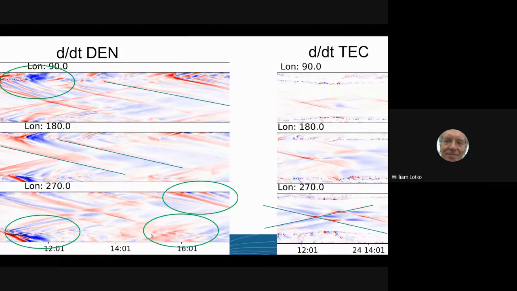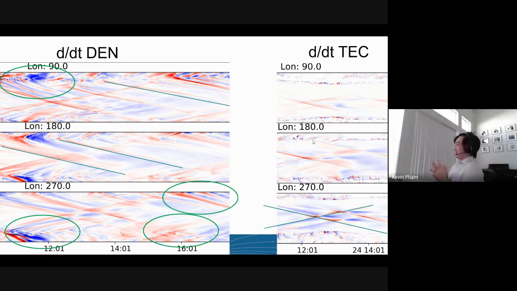The lines are not as vivid in the TEC plot as the density plot, but it looks like in the density plot the source is at relatively high latitude, maybe even very close to the pole, depending on the longitude. Whereas in the TEC plots, where those lines emanate from early in time is at much lower latitude than for neutral density. Am I interpreting this right?